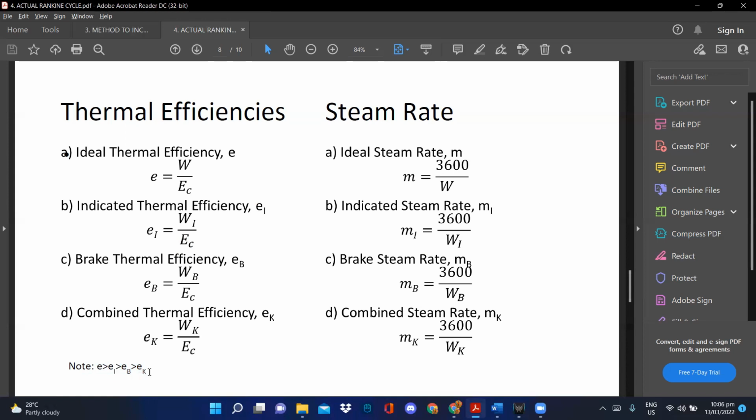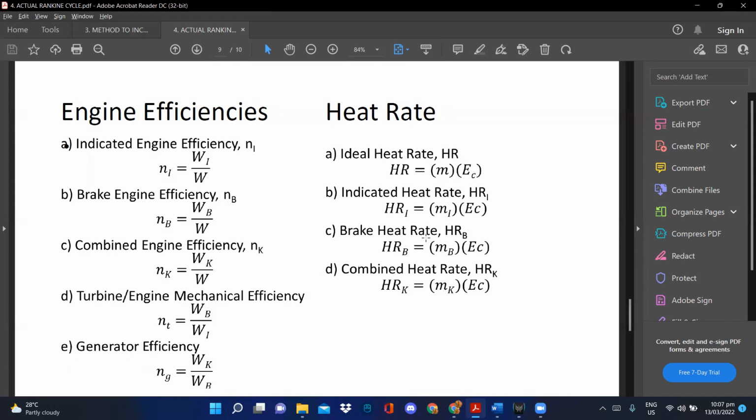When you're answering a problem that involves all those efficiencies, you can double check whether your answer is correct if it follows this rule: the ideal efficiency is greater than EI, which is greater than EB, which is greater than your combined thermal efficiency.